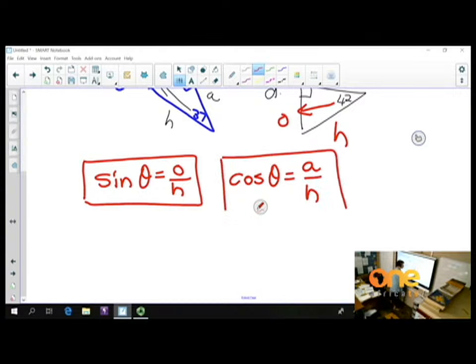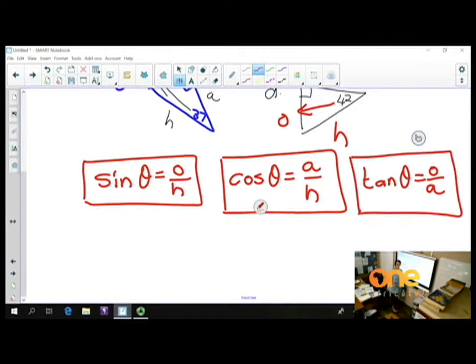There's the second one. And the third one is then tan theta, which is opposite over adjacent. So that is your 3 trigonometric ratios. So they talk about SOHCAHTOA, that's how you can remember it. But if you can't identify the sides, then you can't do the sums.